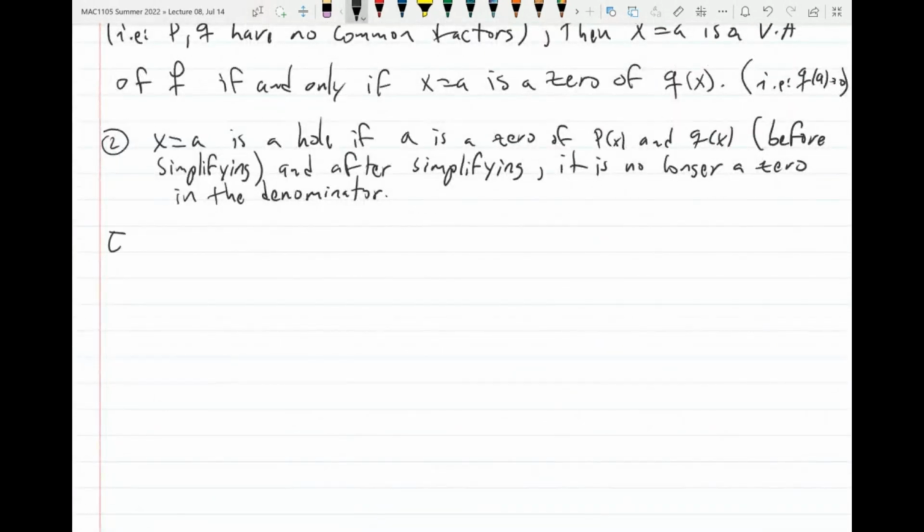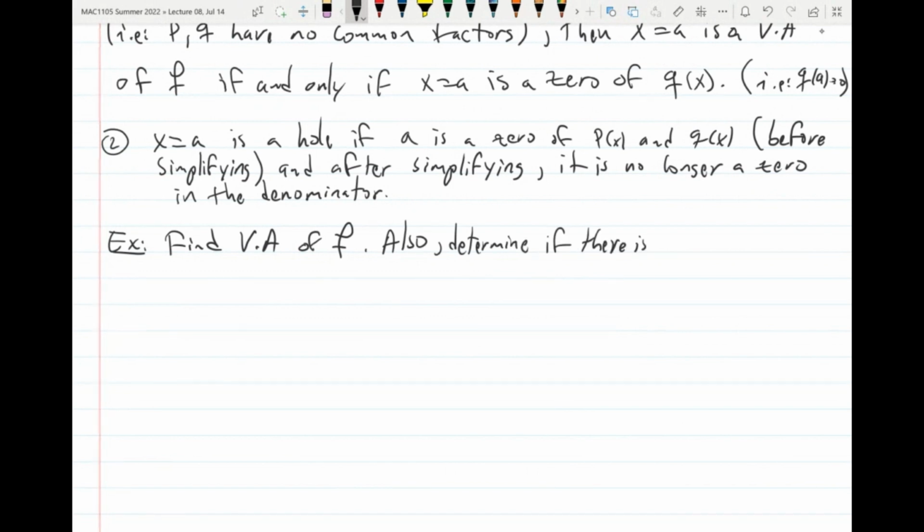So example, find the vertical asymptotes of f. Also determine if there is a hole. Okay.